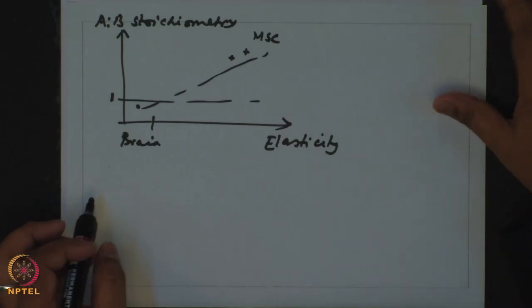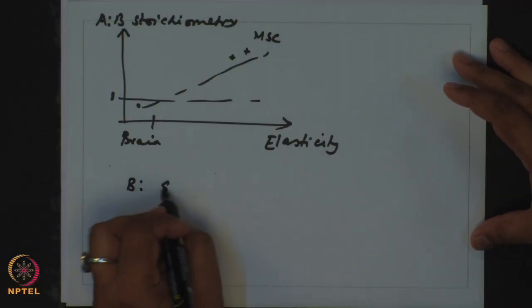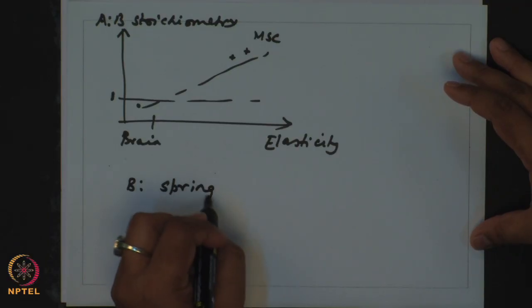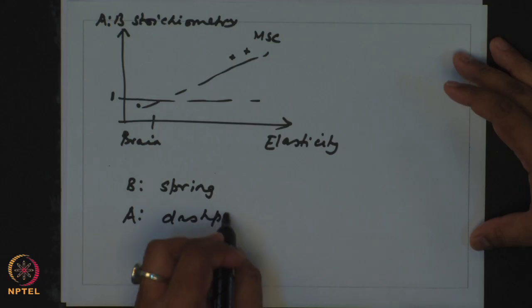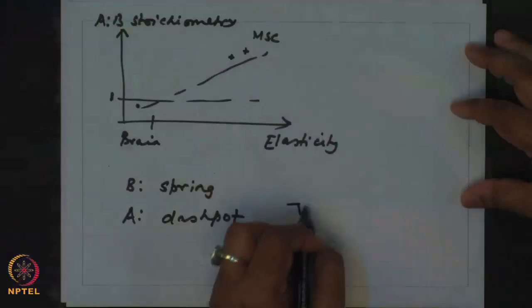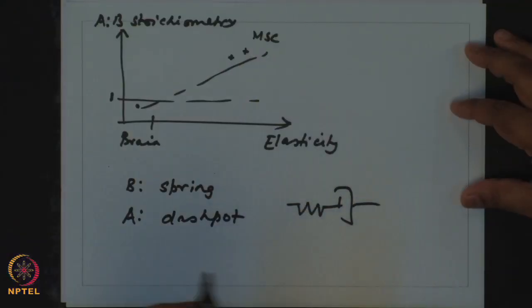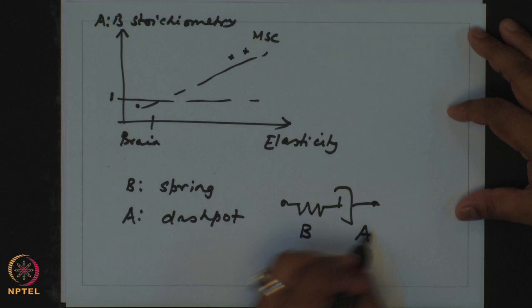Now, mechanically A and B operate as different entities. Lamin B operates like a spring, and lamin A operates like a dashpot, or a viscous object. Collectively it is expressed as this, where this is your B response and this is the A response.